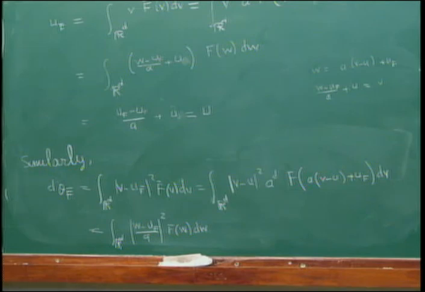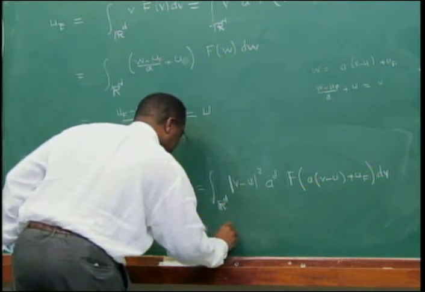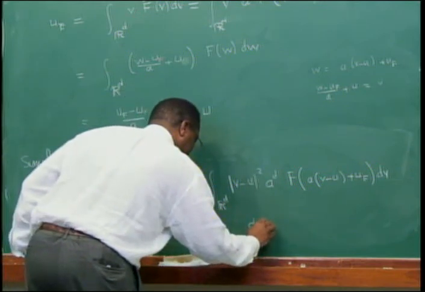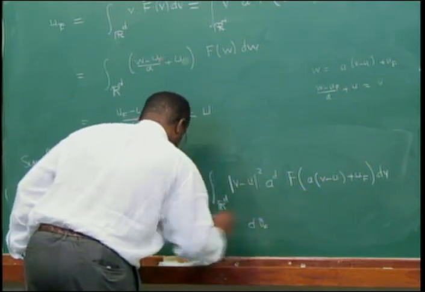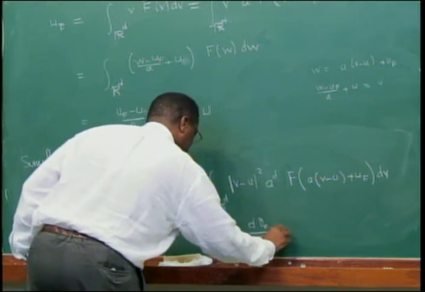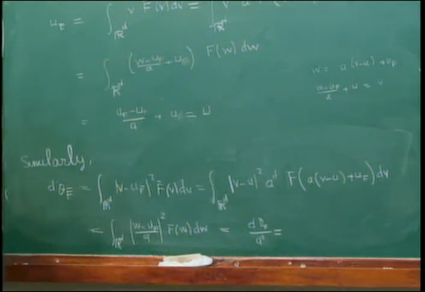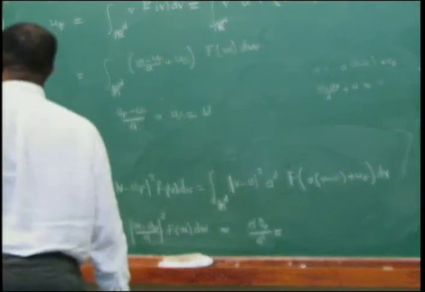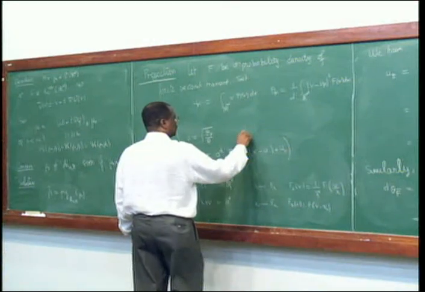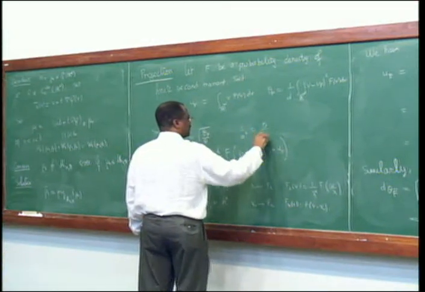So you see that this is d times theta f over a squared. But you replace a squared, 1 over a squared is theta divided by theta f.